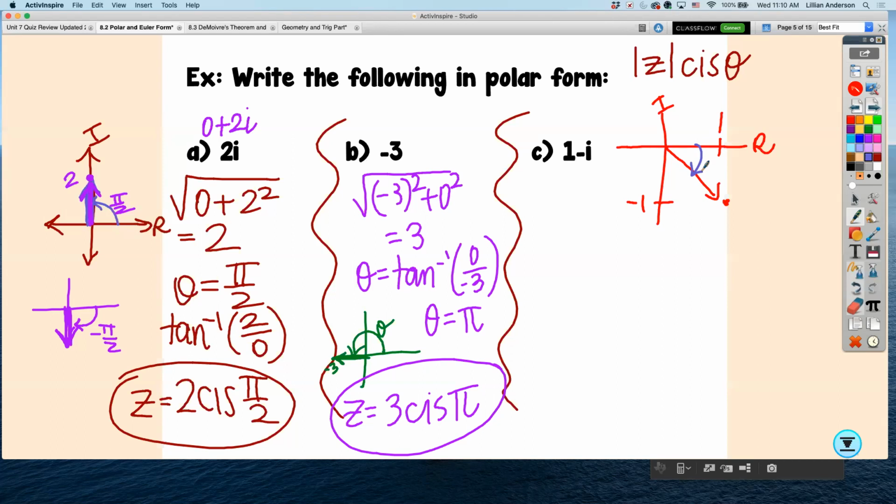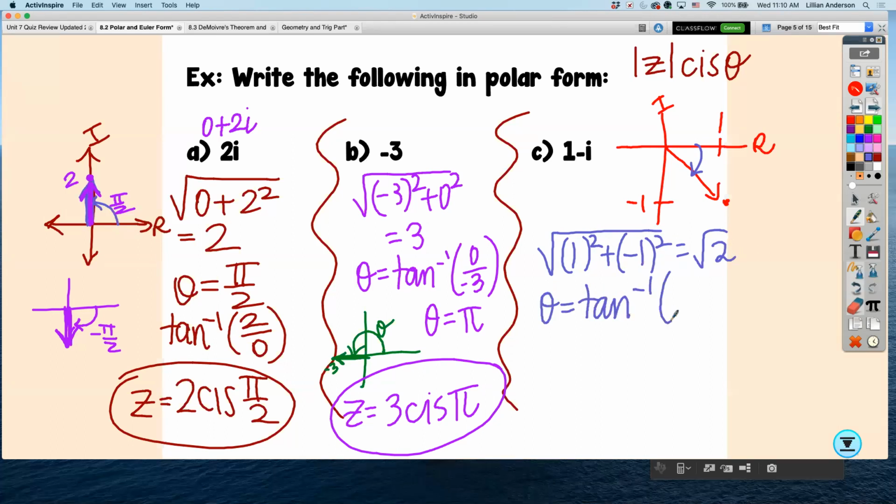Okay. Let's find my modulus first though. Square root of a squared plus b squared. What's b? -1. So then my modulus would be √2. And then all I need to do would be define my angle. So I can do that again by doing a tangent inverse of b over a, or I can take a look and say, oh, well, this is actually going to be this particular angle.